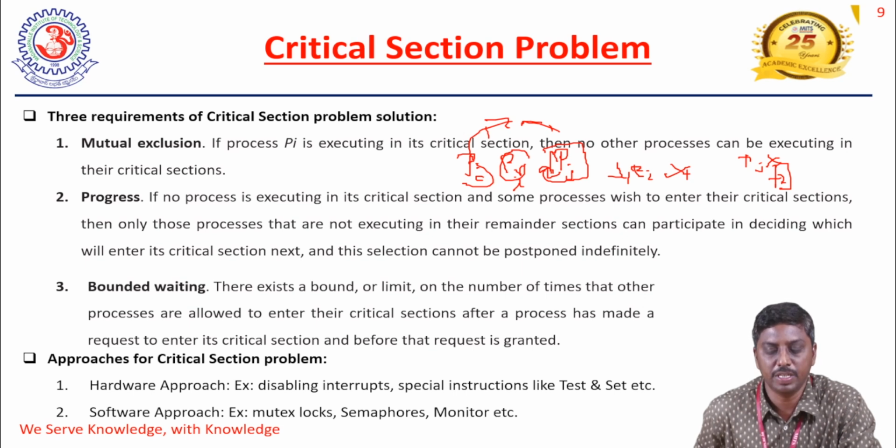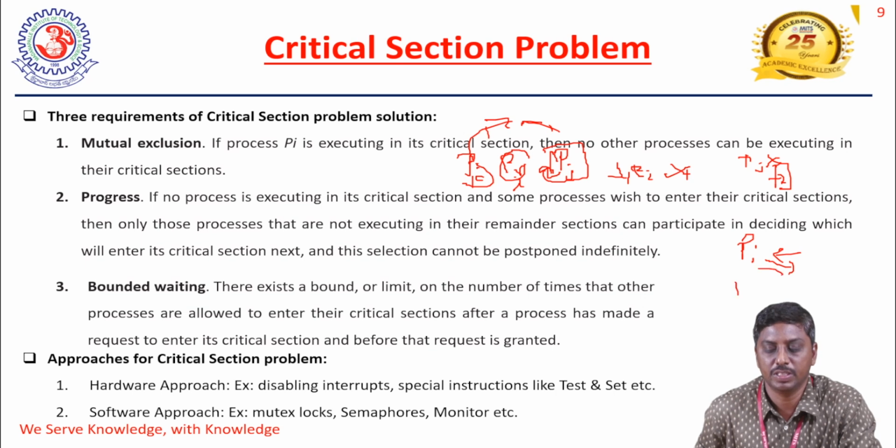And the third property is bounded waiting time. For example, assume that Pi, Pj and Pr are trying to enter into the critical section. As per the protocol, the protocol has allowed Pi. Now Pi completed its execution.